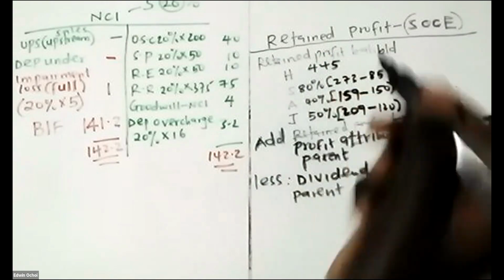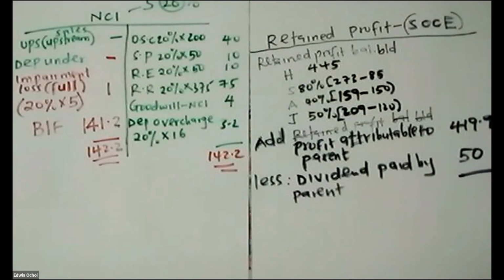Then there's something here we need to adjust under H and S. Under H and S, there was that fixed asset which was sold between the two of them. H sold a fixed asset to S, so H realized a profit.